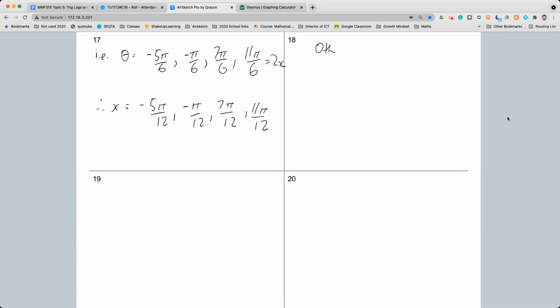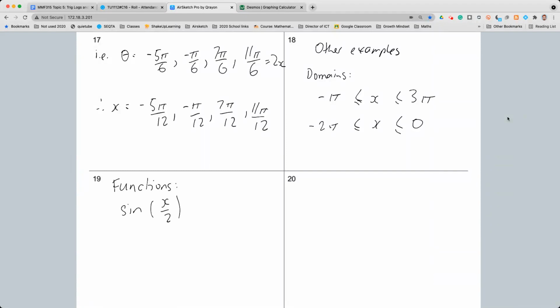We can make it trickier. We can do things like change the domain, like that, or just have a negative domain. Or for functions, we could have sine of x on 2 equals root 2 on 2.